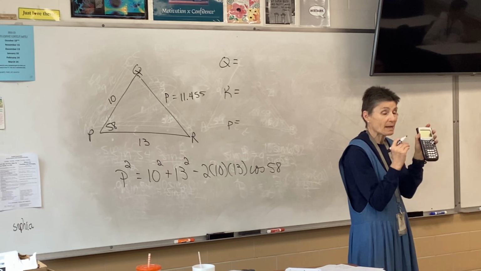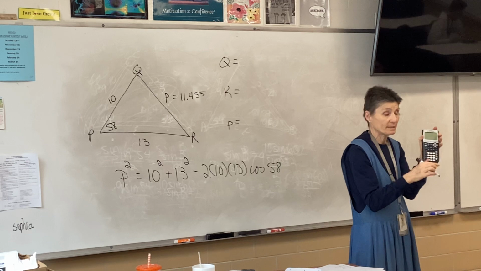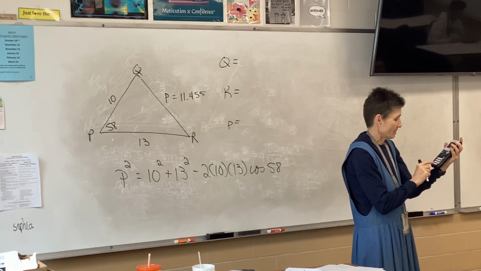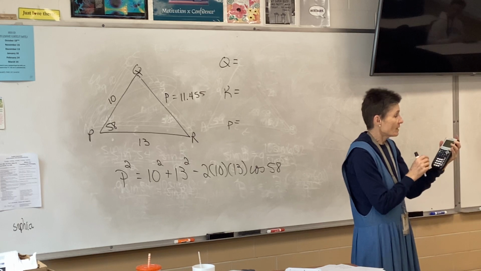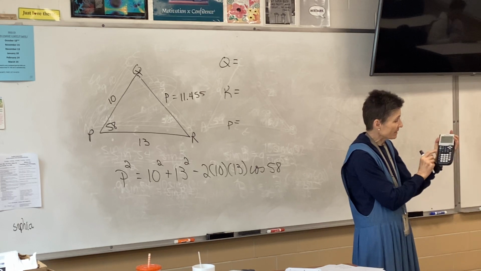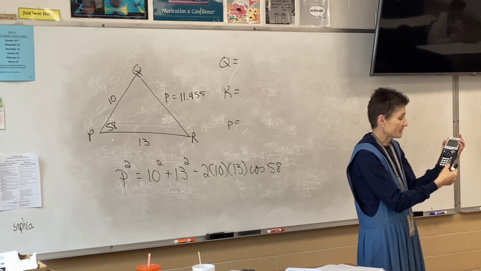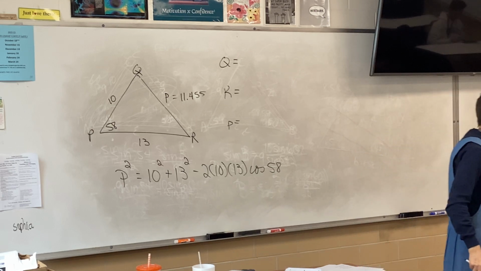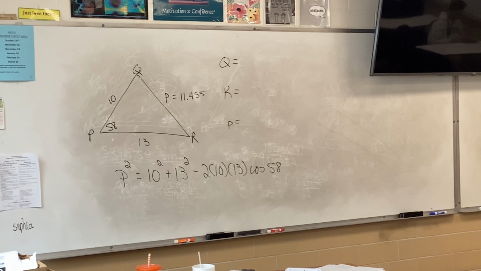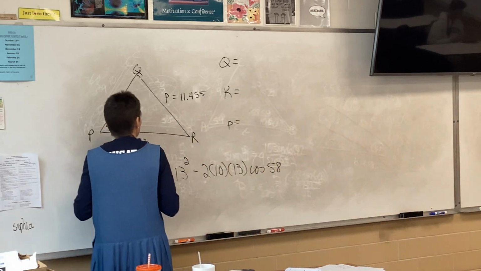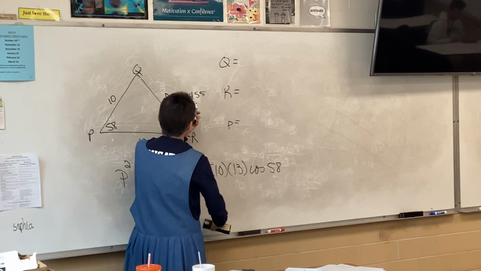After you type it all in and you got your 131, you just hit second square root, second answer. And it will take the square root of that number without rounding it off. Okay? Now, why am I worried about that little tiny bit of round off error? Well, is this what I said it was? Yeah.